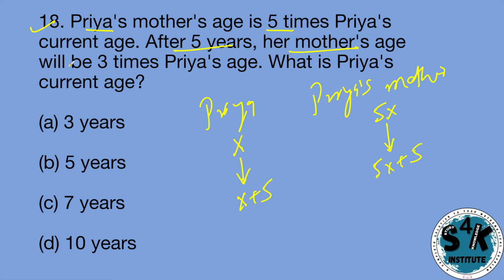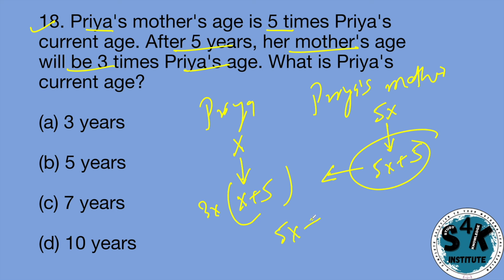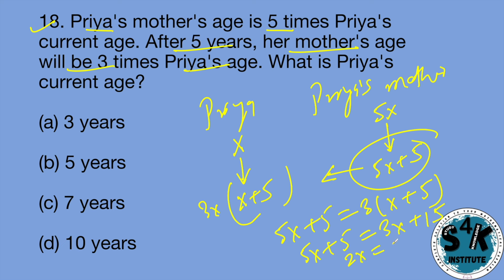Her mother's age will be 3 times Priya's age. This age becomes 3 times this age. Earlier it was 5 times, but now it becomes 3 times only. So 5x plus 5 is equal to 3 times x plus 5. So 5x plus 5 is equal to 3x plus 15. So when you solve this, you will get 2x is equal to 10.